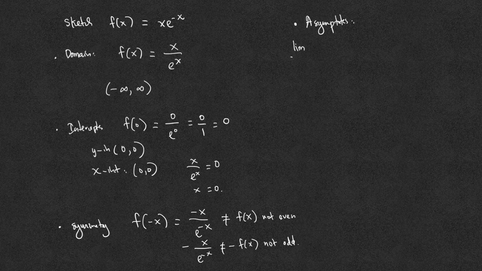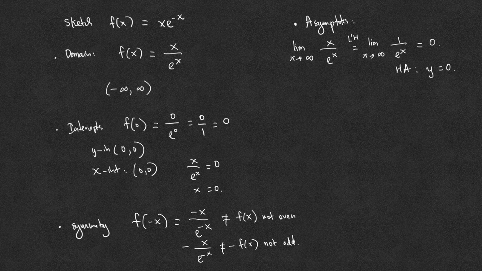We take the limit as x goes to infinity of x over e to the x. We see that this is infinity over infinity, so we can use L'Hopital's rule. This is the limit as x goes to infinity of 1 over e to the x, which we know is 0. So we have a horizontal asymptote at y equals 0.